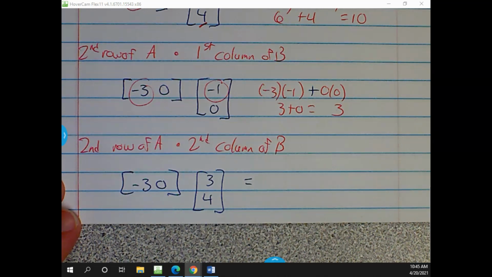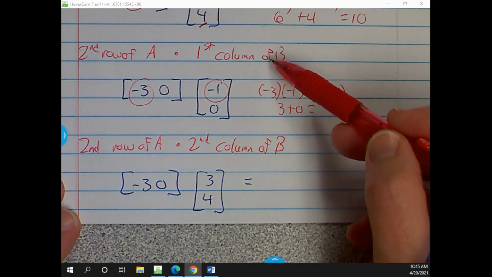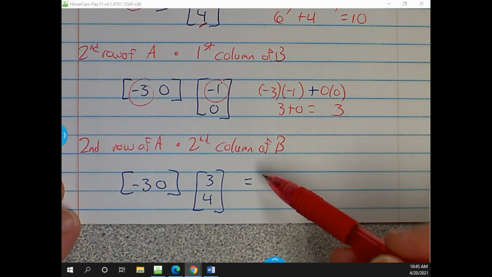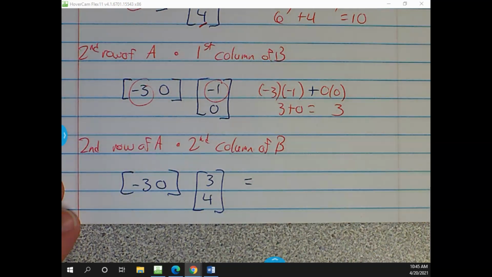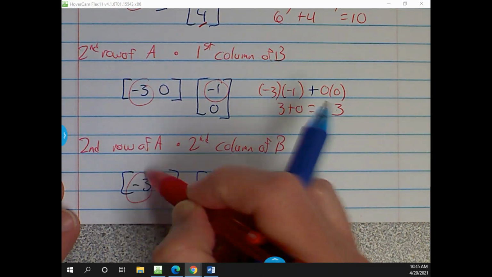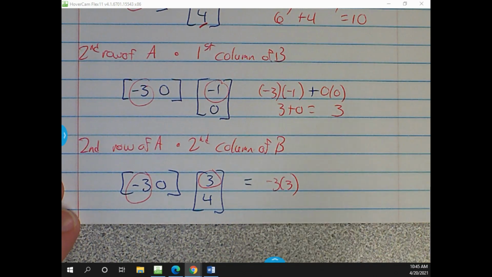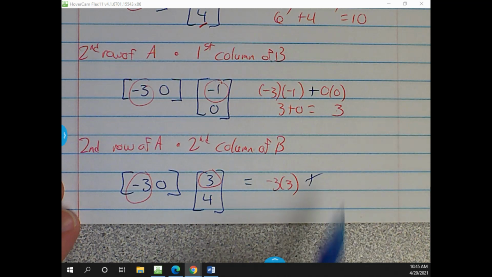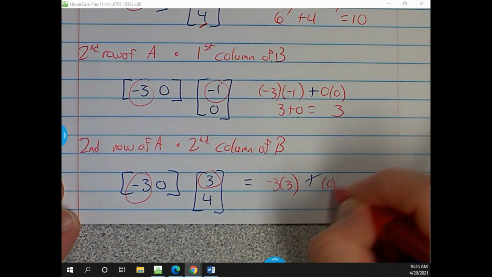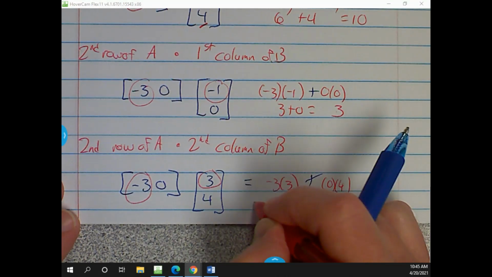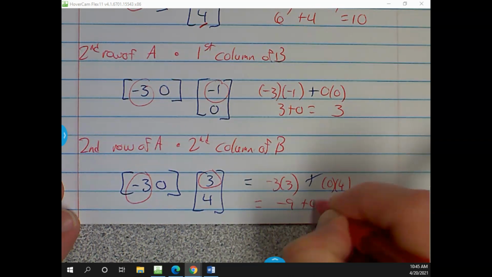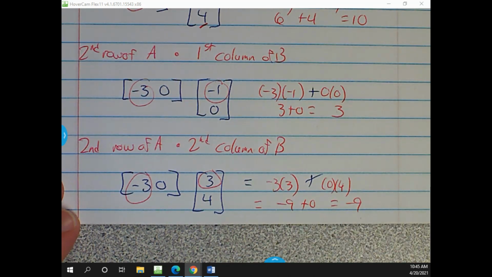Now again, when you go through these, you don't necessarily have to write down that's the second row of this and the first column. This is just making sure that we've got all the steps covered. So it's the first number here times the first number here, and then we're going to add that to 0 times 4. And that's -9 plus 0, so that would just be -9.